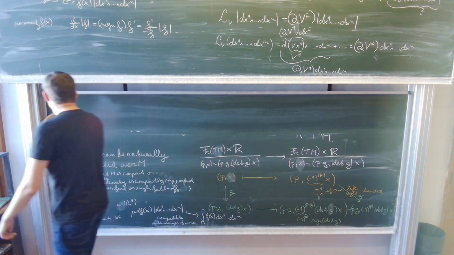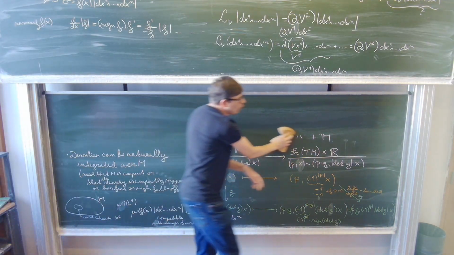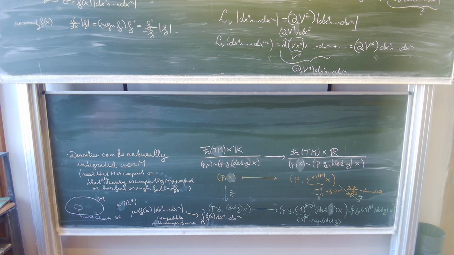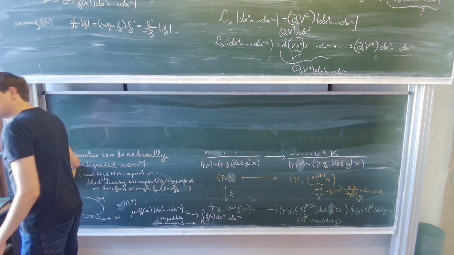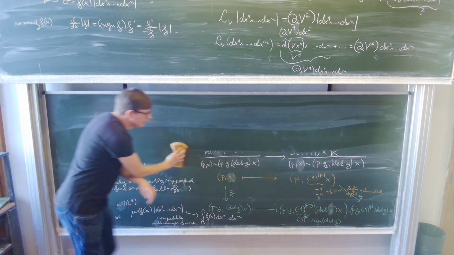In fact, if you do it properly and think about how the frame transforms under different diffeomorphisms, I think it will boil down to the same calculation. There should be a way to calculate it from the definition.